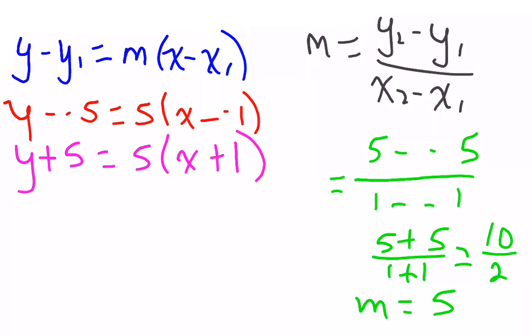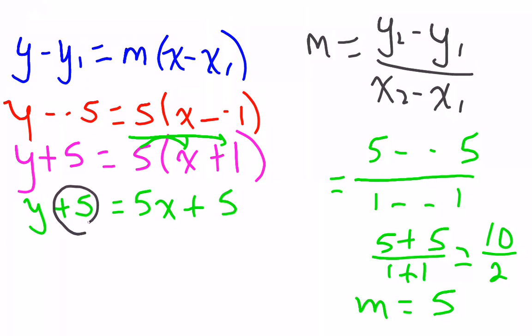We now want to distribute that 5 to each one. So 5 times x is 5x. 5 times 1 is 5. Looking better already. And again, we want it in slope-intercept form. So we want it to be y equals. So we have this plus 5 here that we need to get rid of. And again, just remembering our solving skills.